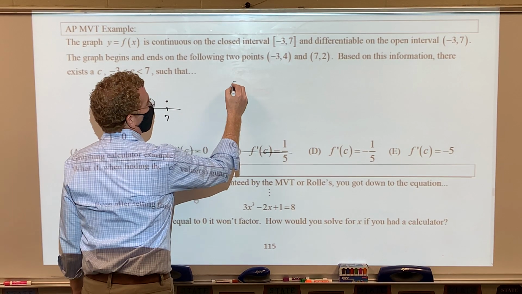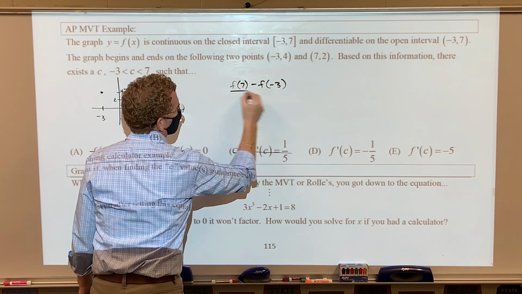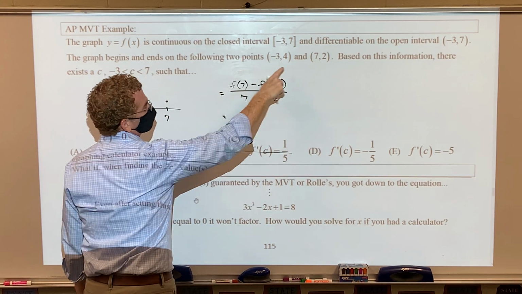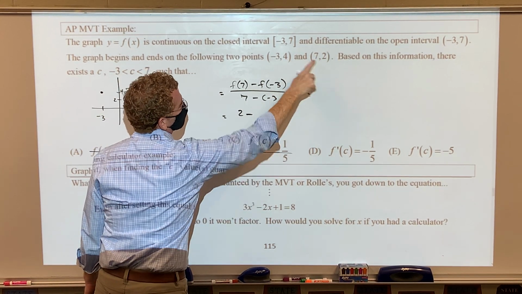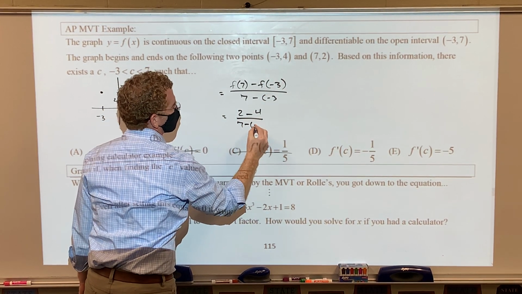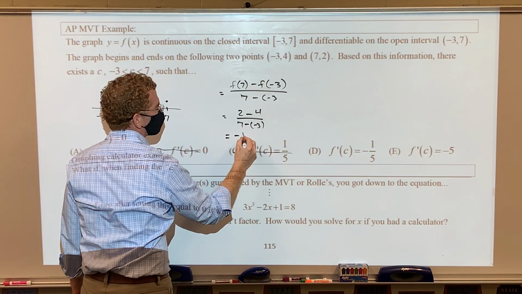If I go f of 7 minus f of negative 3 over 7 minus negative 3, and by the way, I already know what f of 7 is, right? It's 2, so 2 minus the 4 over 7 minus the negative 3, and what does that give me? Negative 2 over 10.